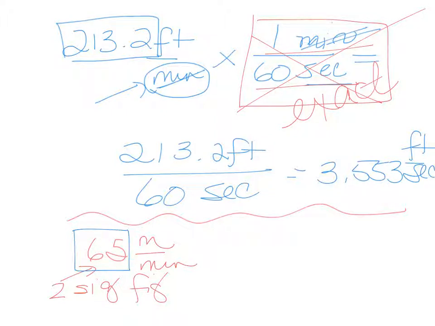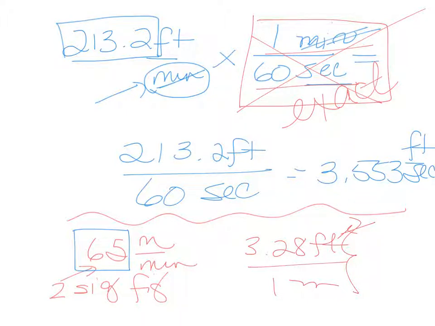Let's see, the other conversion factor we used was that there are 3.28 feet in a meter. And this is not a defined value. This is somebody who went out with a yardstick or a ruler or something like that and measured, well, not exactly, but approximated, how many feet are in a meter.